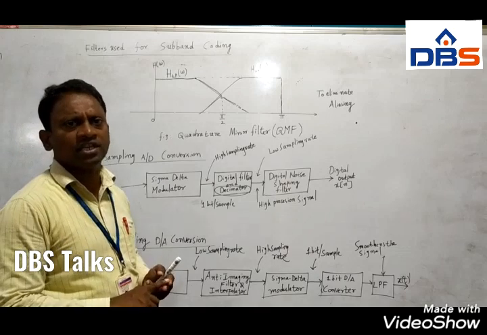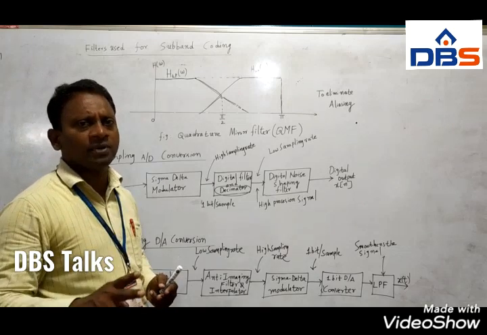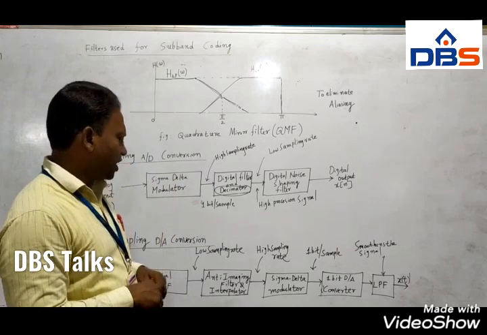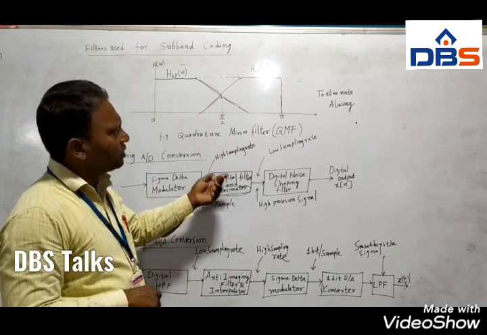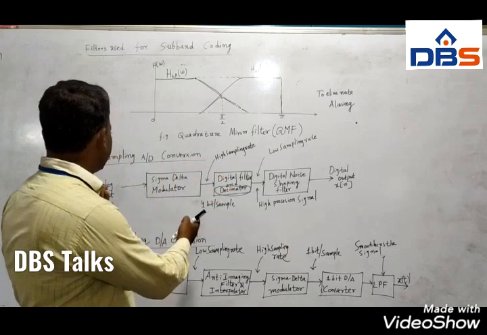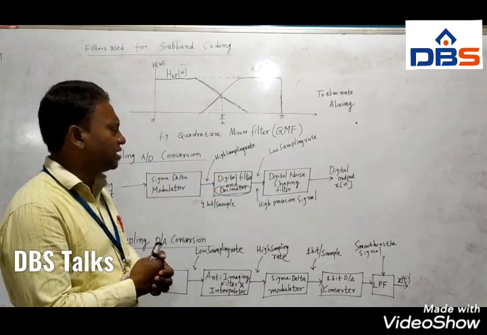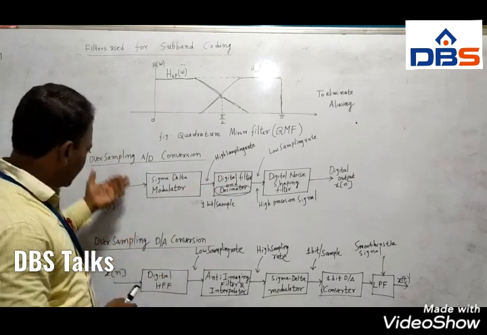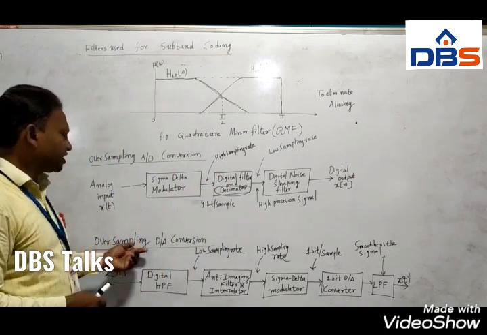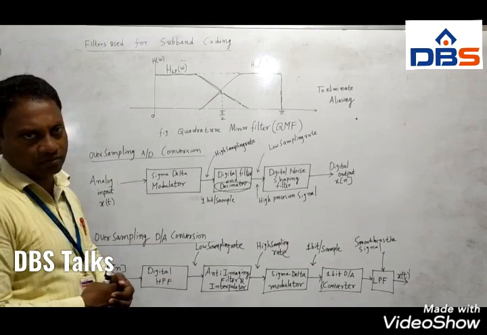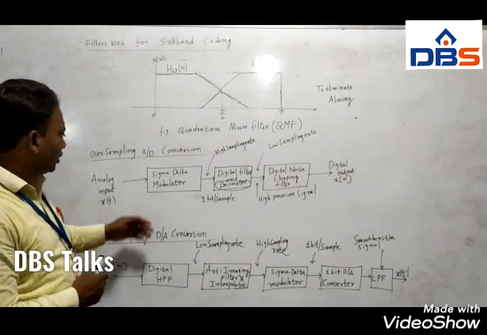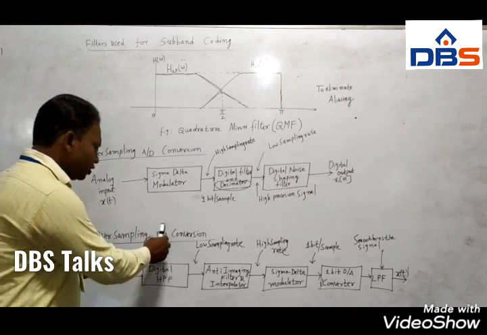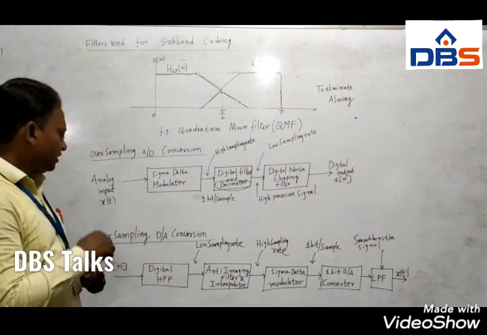We have seen the decimator and interpolator. These are the two basic building blocks of multirate signal processing. Because we are using a decimator here, this oversampling A to D conversion is an application of multirate signal processing. Coming to the next one, that is oversampling D to A conversion. Now we are converting a digital signal into an analog signal.